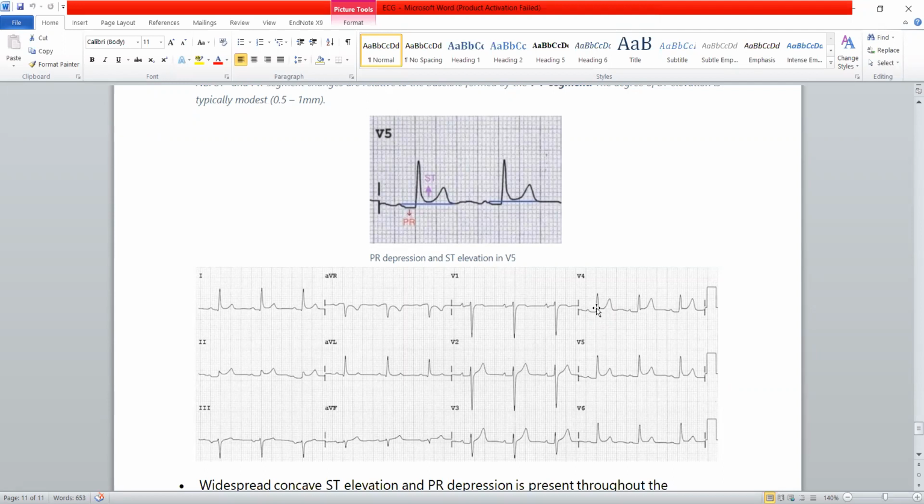Q wave. So in a normal person's ECG, there are no Q waves. Q wave is not normally present. There are only R and S waves. If a person's ECG is showing Q waves, then it means he has chronic ischemia. He has ischemic heart disease.